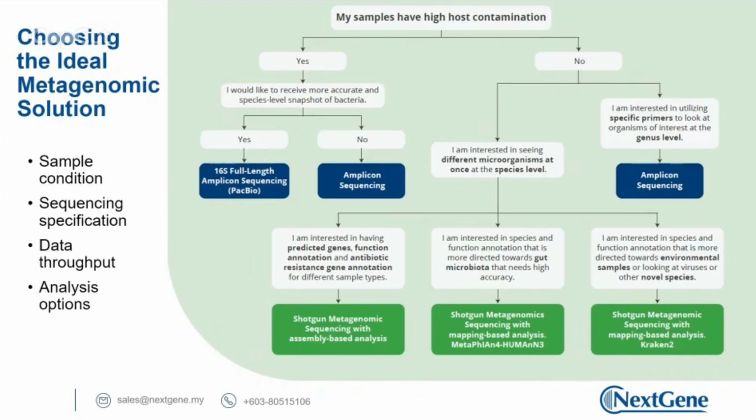So let's say it's a human fecal sample, then we expect the total DNA extracted to contain a lot of human DNA. While we are studying the bacteria inside the fecal samples, the human DNA will be considered contamination. So for samples in that kind of situation, we normally recommend going for amplicon sequencing.